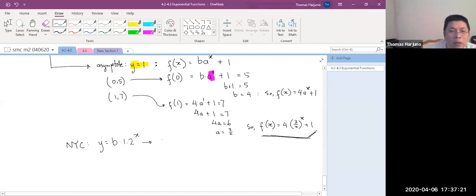Basically, each day they add 20% of the number of people confirmed positive from the previous day.